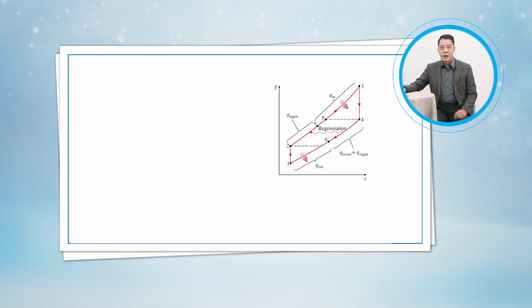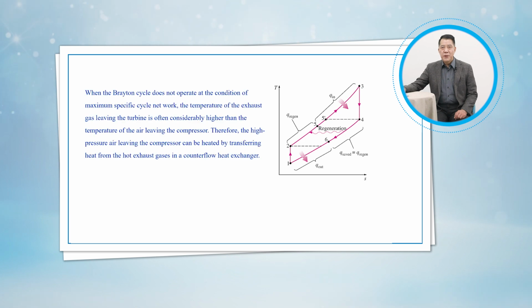The topic of this task is about the optimization of the regenerative Brayton cycle. When a Brayton cycle does not operate at the condition of maximum specific cycle network, the temperature of the exhaust gas leaving the turbine is often considerably higher than the temperature of the air leaving the compressor.